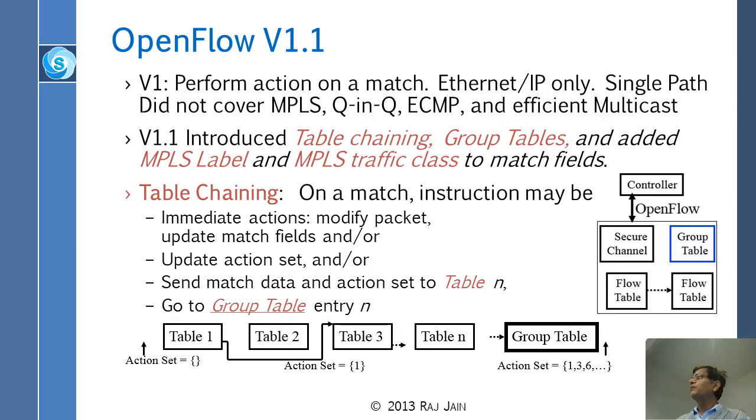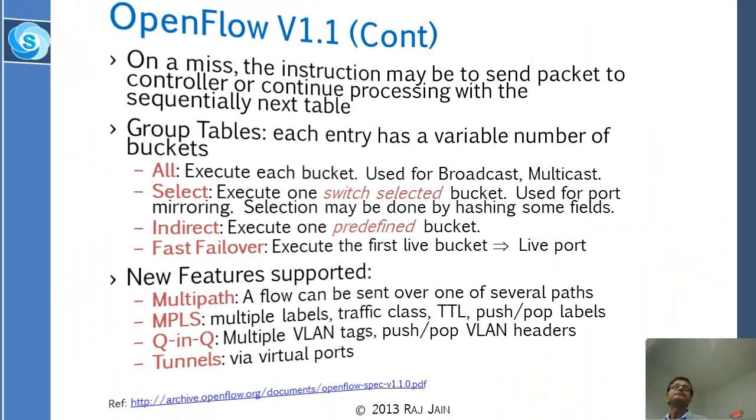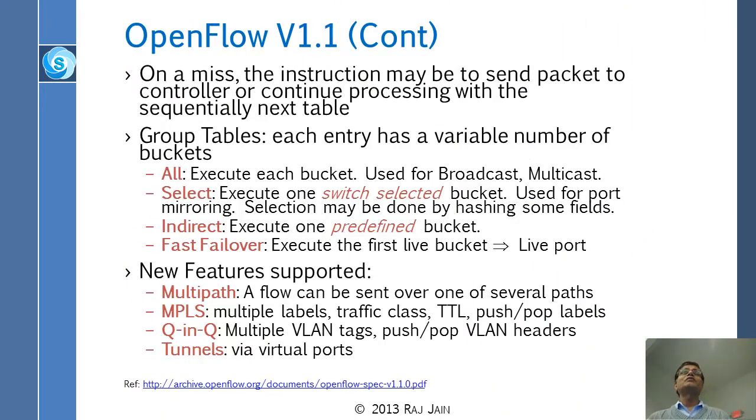Previously, I don't think in 1.1 they defined it. I think it is more clear in the next few slides. So there are several options. One is that you go to table number 2, and if nothing matches, you go to table number 3 until you find a match. Or you send it to the controller and say, look, nothing is matching. What do I do with this packet?